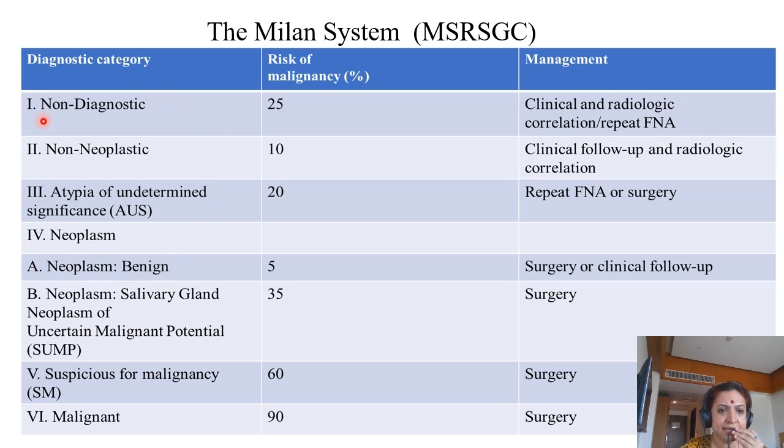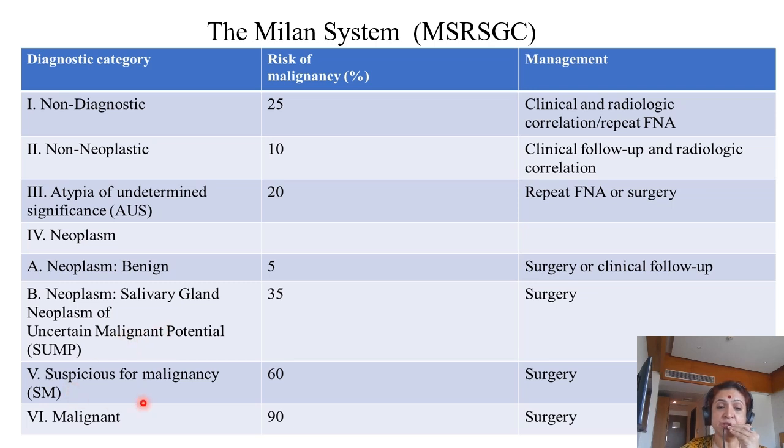You have non-diagnostic, non-neoplastic, atypia of undetermined significance. Under neoplasm, you have benign neoplasm where you can categorically say that this is a benign tumor. For example, you have pleomorphic adenoma, Warthin's, etc. And then comes this challenging group of salivary gland neoplasm of uncertain malignant potential.